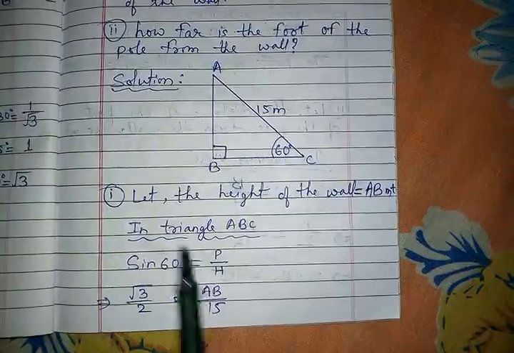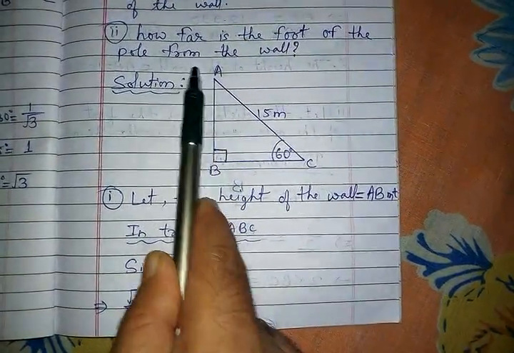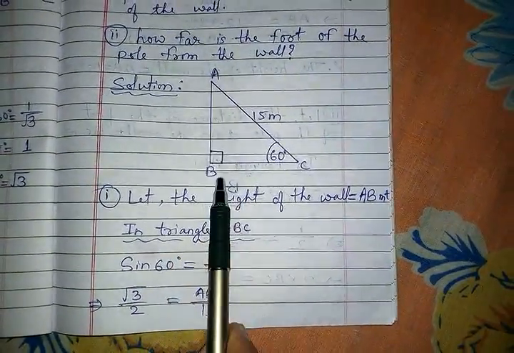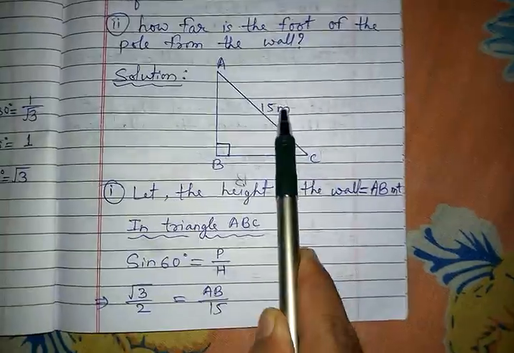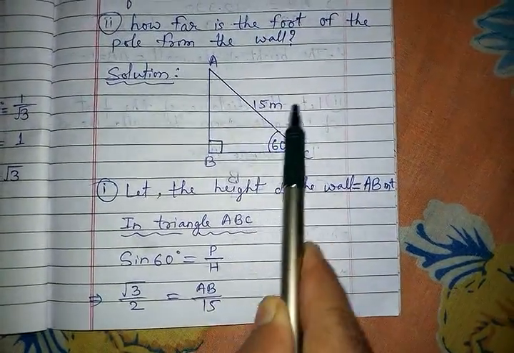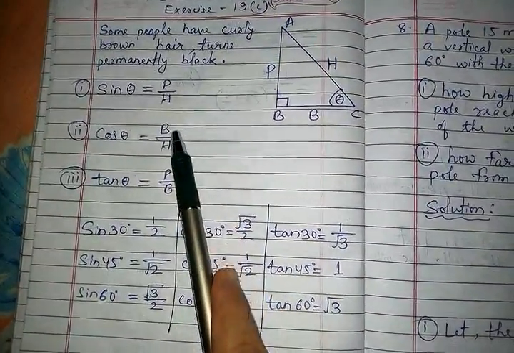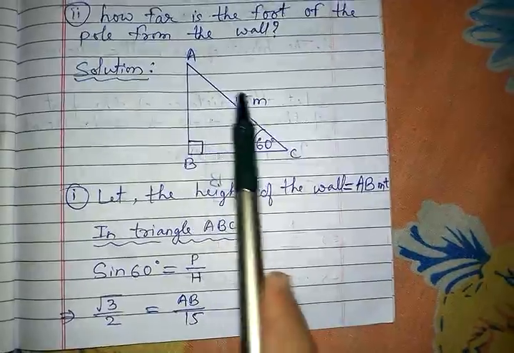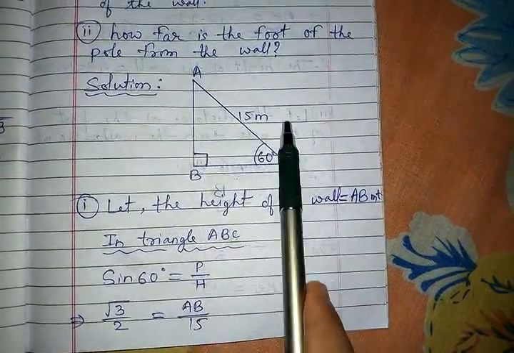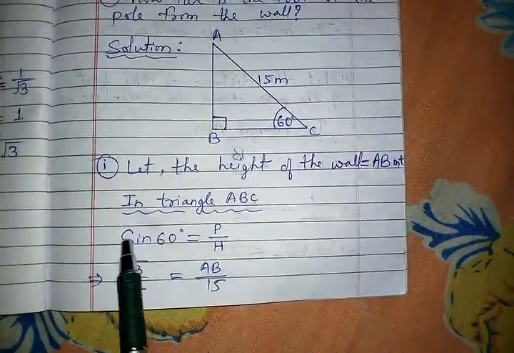Let me tell you, we have to find AB, and AC is given. AB is the perpendicular, AC is the hypotenuse. With the help of the hypotenuse we have to find the perpendicular, and in sine we have perpendicular by hypotenuse, so both are connected. That's why sin 60.